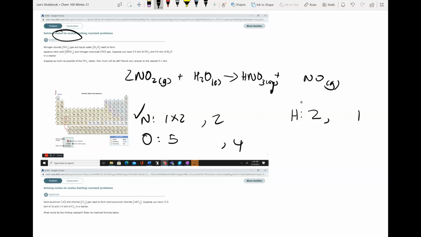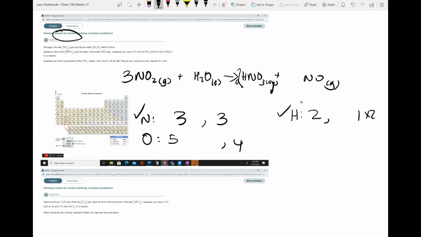Well, how about if I just bring that up to 2, and now they balance, but of course now the problem is that I've got 3 nitrogens on the right hand side. So what about if I made that a 3? Okay, so now they're back in balance.